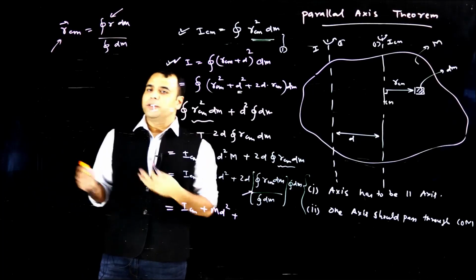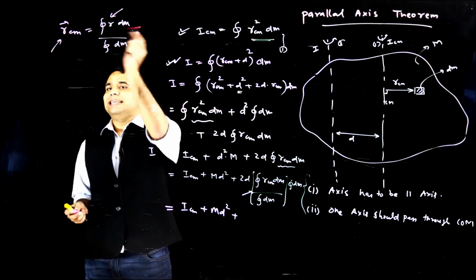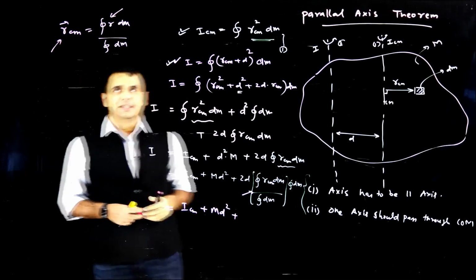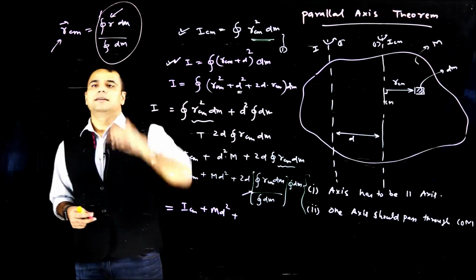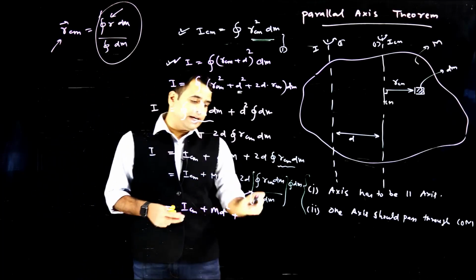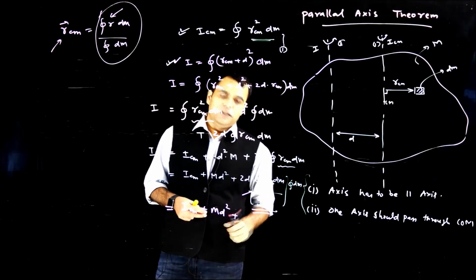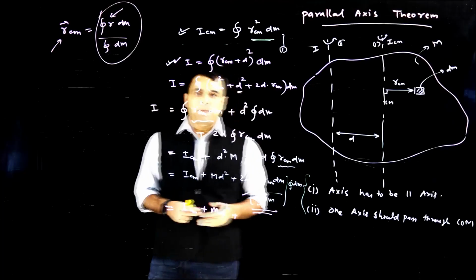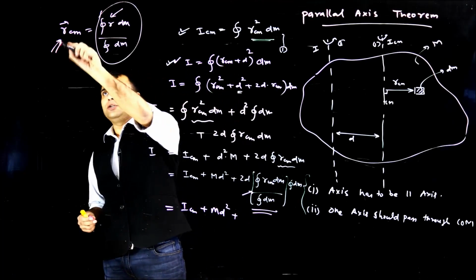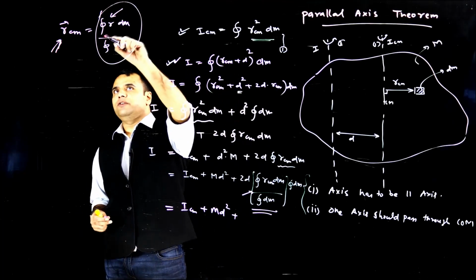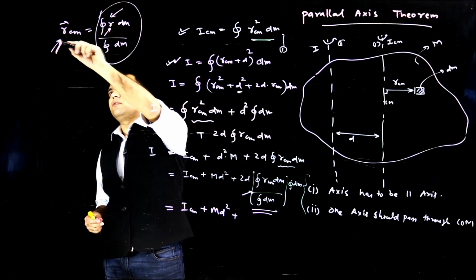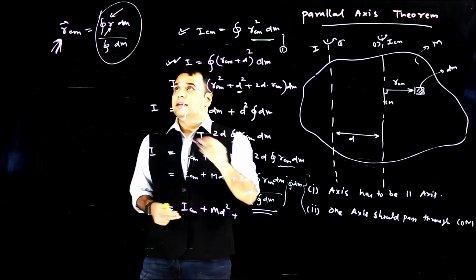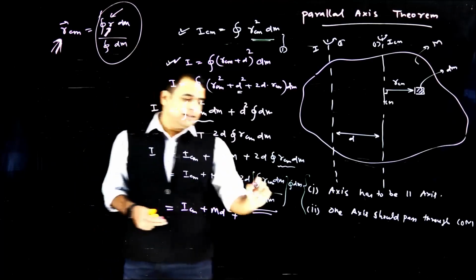So whatever used to be the origin for the R, the same used to be the origin for R_CM. So this formula represents the R_CM, and this is the same formula we are getting here. So this whole quantity will be converted into R_CM. But when it converts into the R_CM, whatever origin we were taking here, the same origin will be converted here also. And if you can see, here it is R, here it is R_CM.